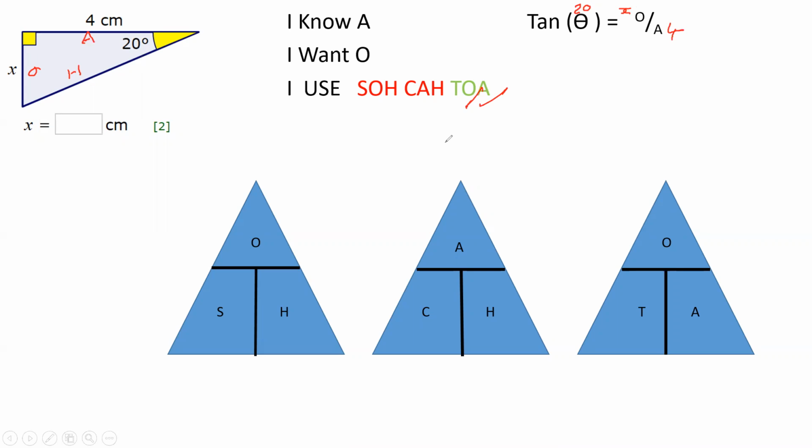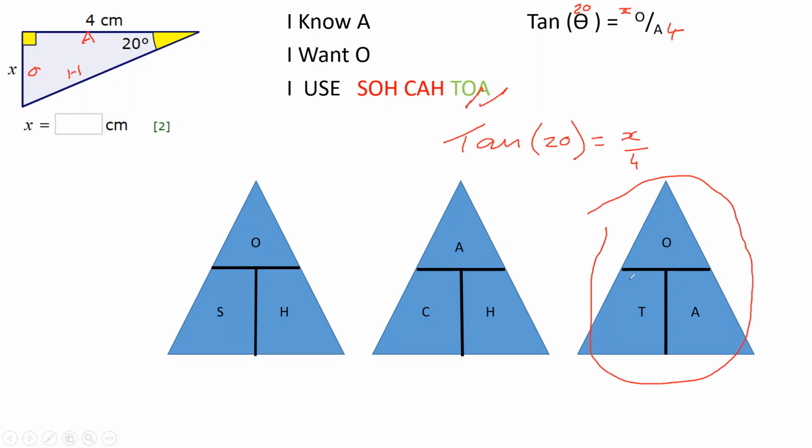So we can just write tan 20 equals X over 4. So we can either put that directly in our calculator or use algebra, or we can come down here and use this magic triangle. And the one we want's O, which is that one. So that's going to be this times that.